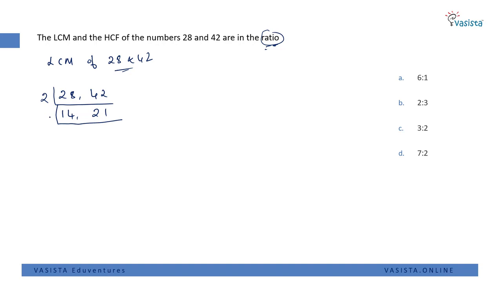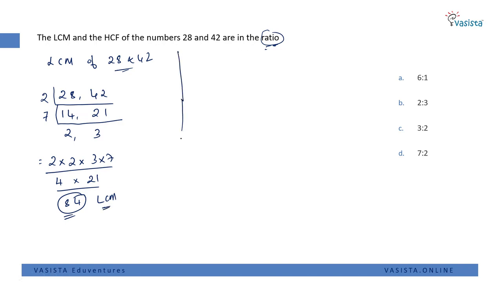Now you can directly go with 7: 7 2s are 14, 7 3s are 21. So 2 into 2 into 3 into 7 is the LCM. That is 2 2s are 4, into 7 3s are 21, 21 4s are 84. 84 is the LCM.